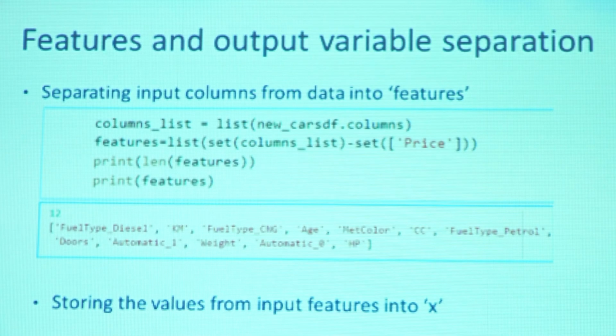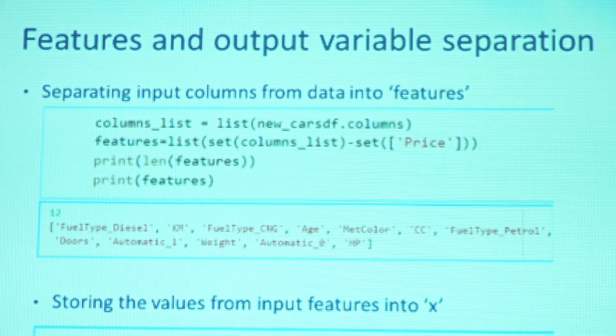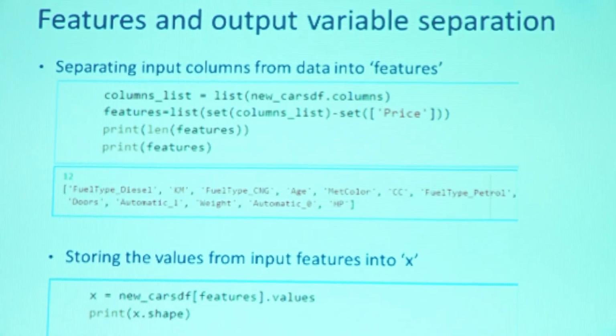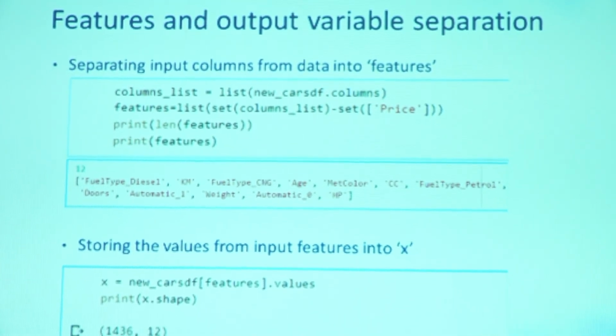So what is features having now? All the input columns excluding price. Price will be your target column. So all the features we are going to make that as X, and price we are making as Y.